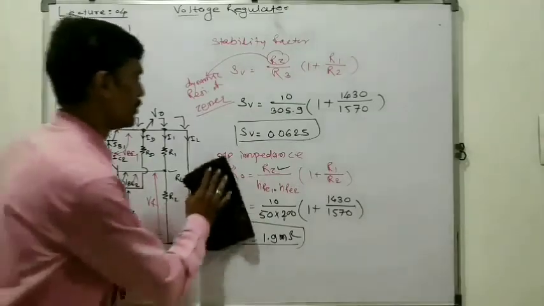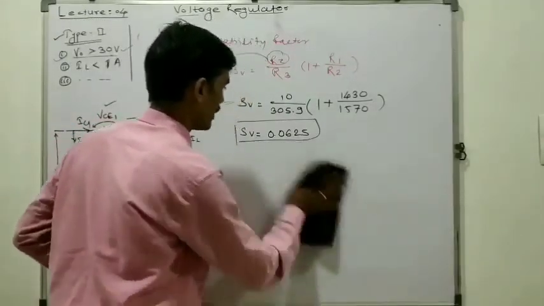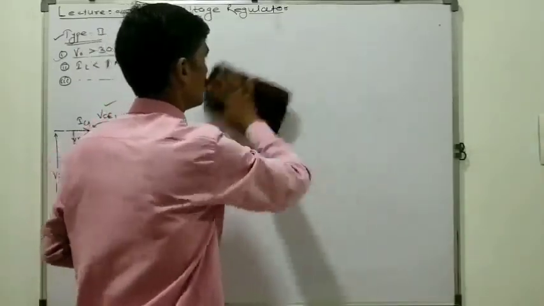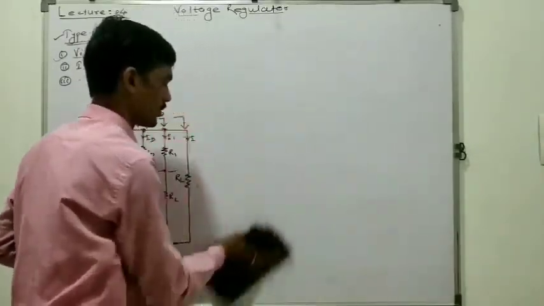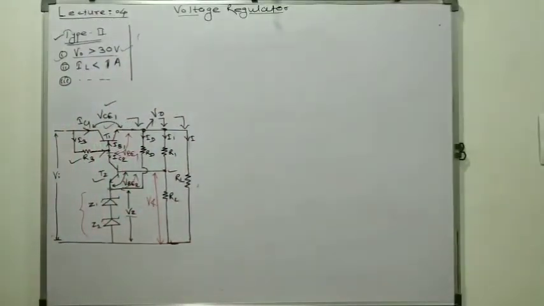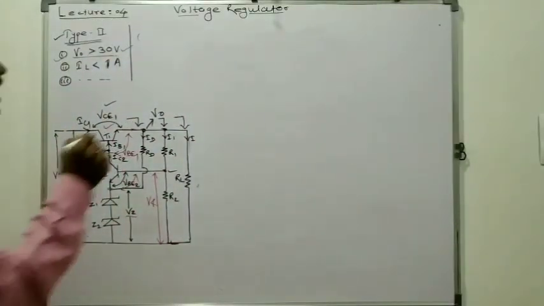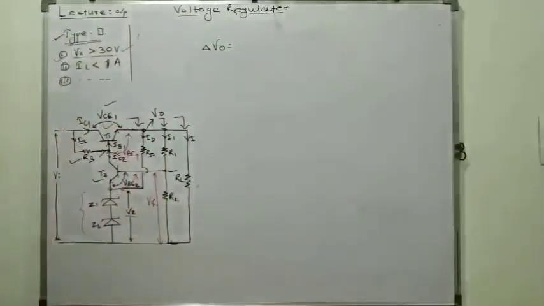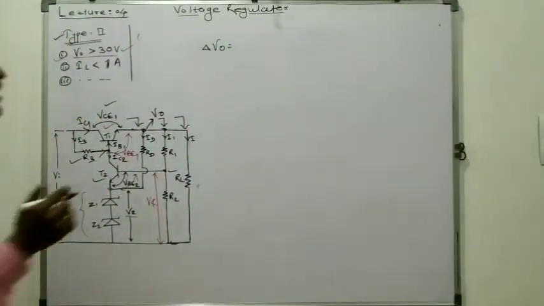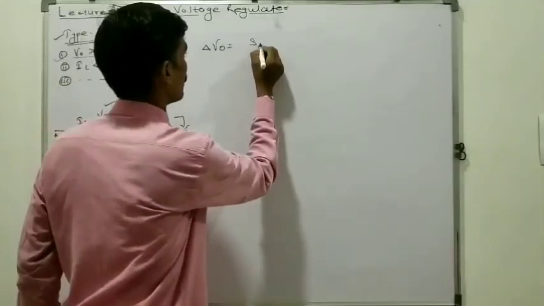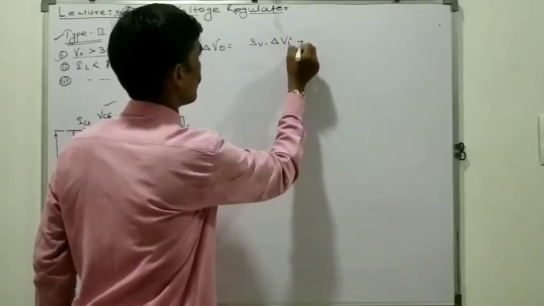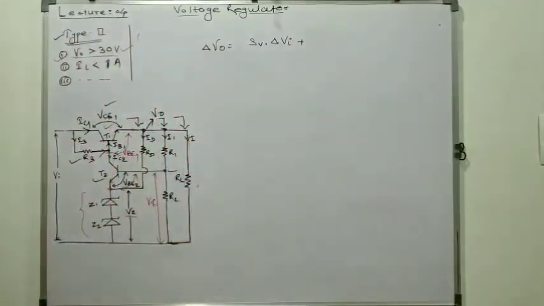So del VO, that is we have to calculate the change in the output voltage while changing the load current. So del IL is given as 0 to 1 ampere. We have a formula for del VO. Del VO is equal to SV into del VI plus RO into del IL.